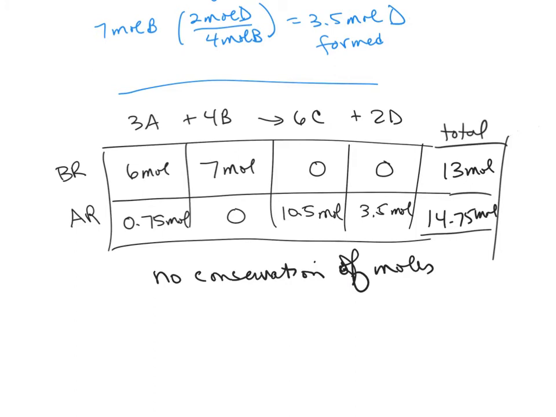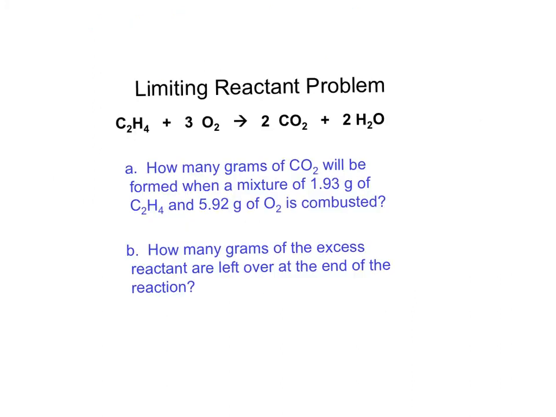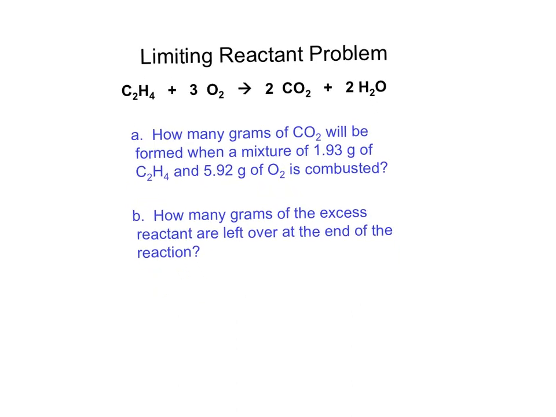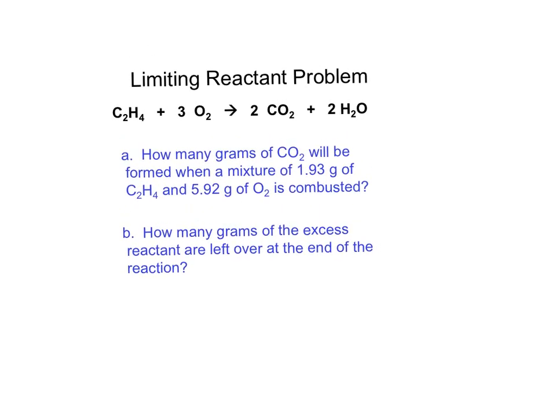All right, so here we go. These are the hard ones. Let's do this one, and then I have another one coming up afterwards. You have masses that have to be converted to moles. Use your coefficient ratio to get moles of whatever product you want, and then you have to go back to grams.